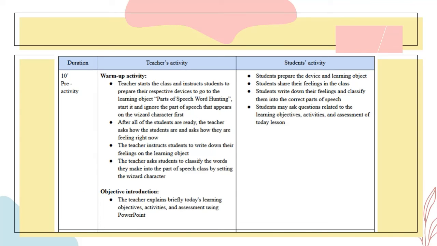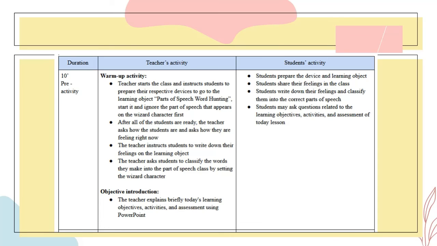In the warm-up activity, this learning object could be implemented to support the activities here, where the teacher could start the class and instruct students to prepare their respective devices to go to the learning object first and start it, then ignore the part of speech that appears on the wizard character first. And after all the students are ready, the teacher asks how the students are and how they are feeling right now.